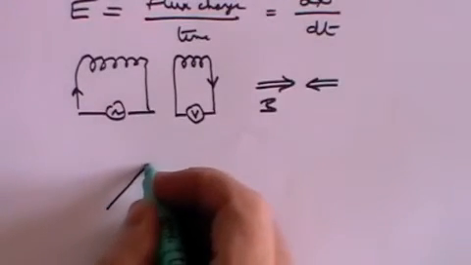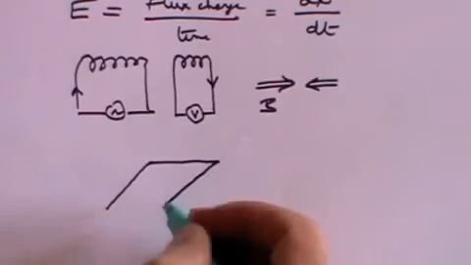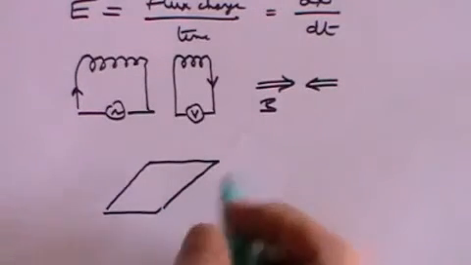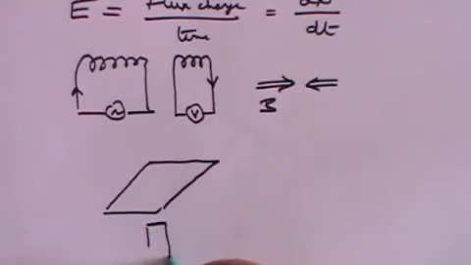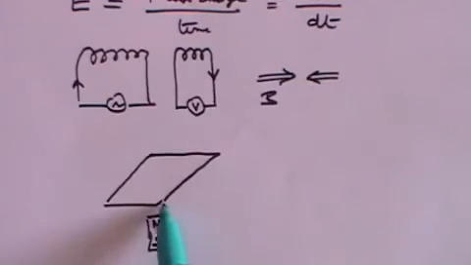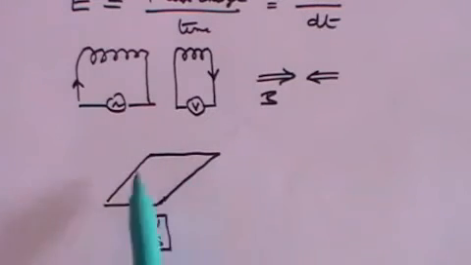Let's take a single coil of wire which will be rectangular in shape, and underneath it we have a magnet, north-south. If we just leave that magnet there, no current flows in this loop because there is no changing magnetic field.